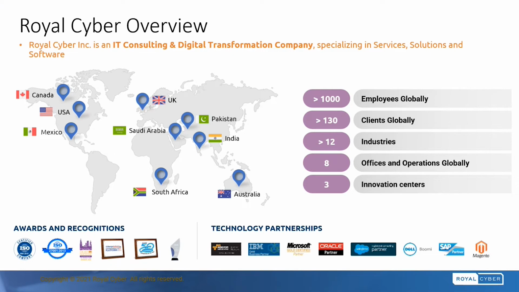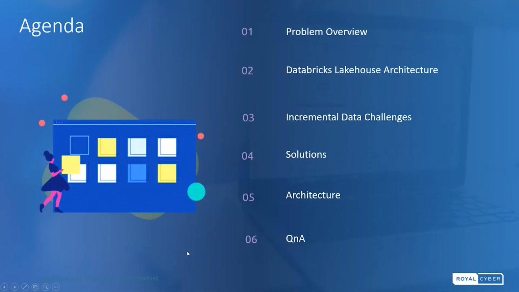Okay, now we are moving toward the agenda. First, we will start with the problem overview, where I will give you the details about the current problems, and then we will move toward the solutions. Before the solution, we will talk a little bit about the Databricks Lakehouse architecture, how it is different from its competitors, and its benefits in terms of cost, maintenance, and management.